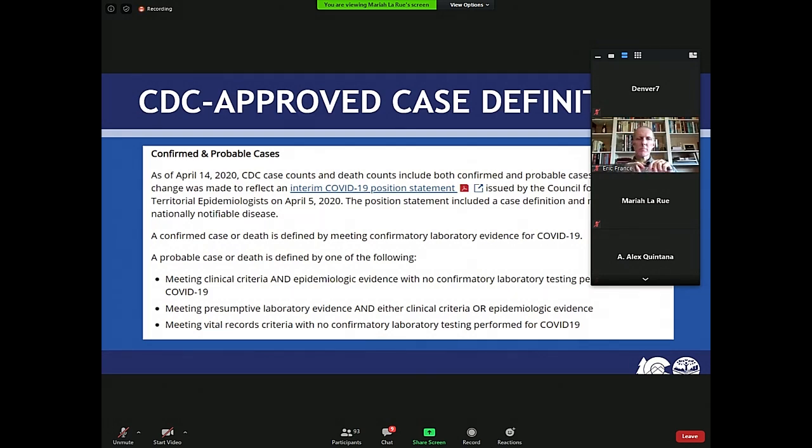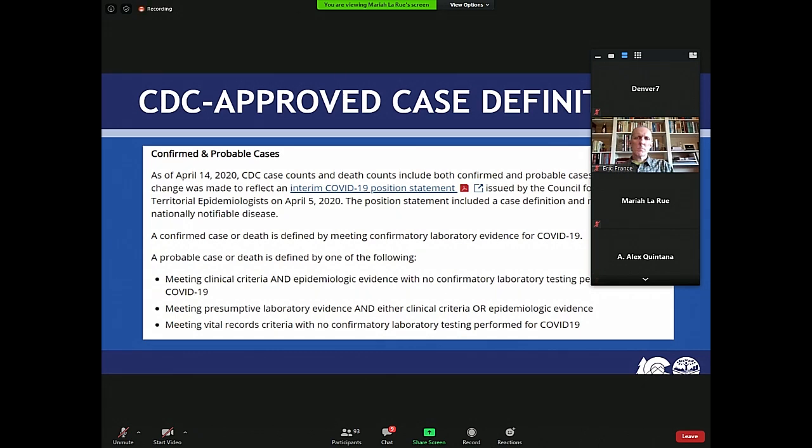The vast majority of COVID-19 deaths that are reported through this nationally notifiable disease system are going to be among individuals who have COVID-19 listed as a cause of death on their death certificate. But from time to time, there are going to be cases among individuals who had a positive laboratory test for COVID-19 just prior to death, or perhaps post-mortem testing found the virus.